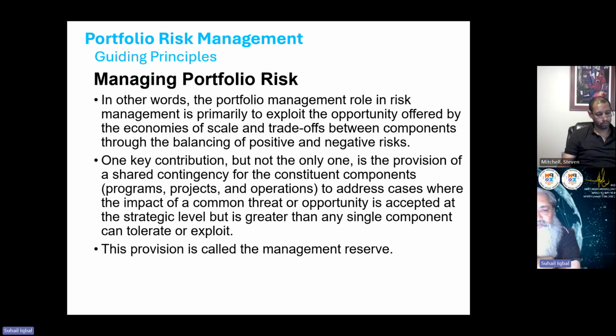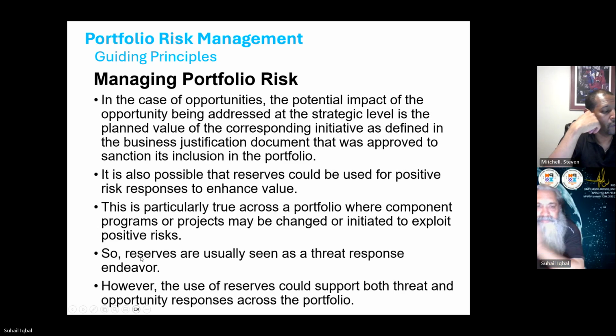So when you keep a reserve amount at managerial level, which is not specific to any risk, it is just to cover cost in addition to what the other contingencies can take care of. So this is over and above, and is therefore called management reserve.